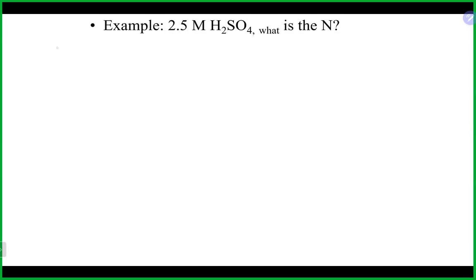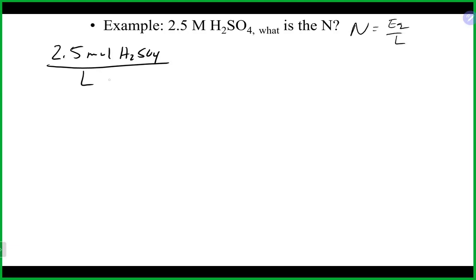Once again, that 2.5 molar means that I have 2.5 moles of sulfuric acid per liter of sulfuric acid. Now, normality is equivalents per liter. So if I just think of this like a conversion problem, my bottom is good to go. I really just need to convert the top part from moles to equivalents.